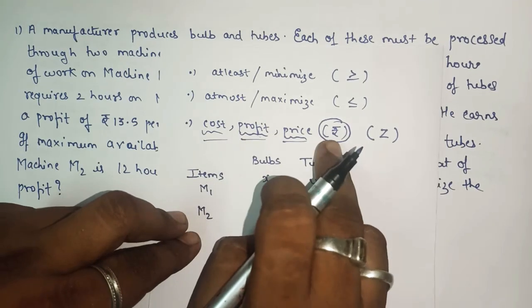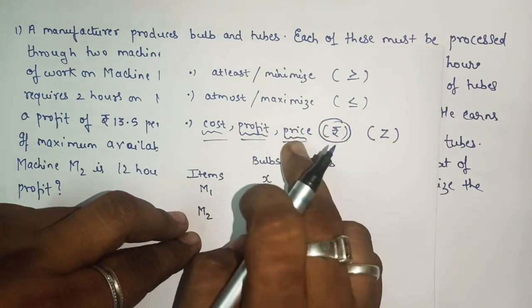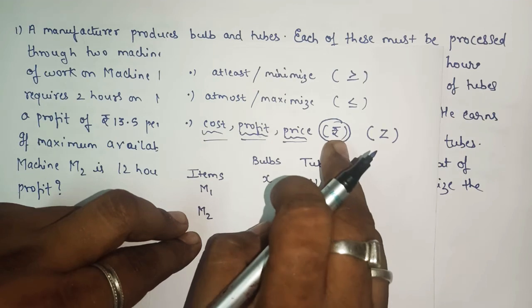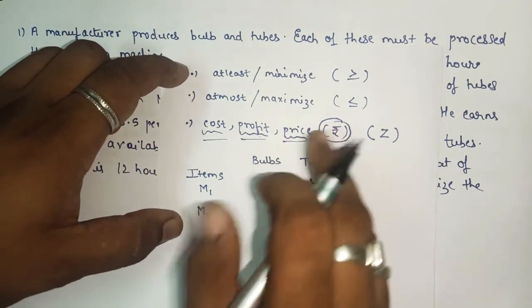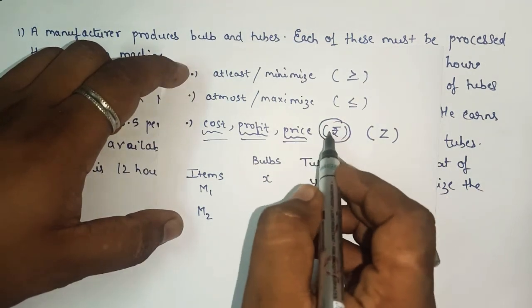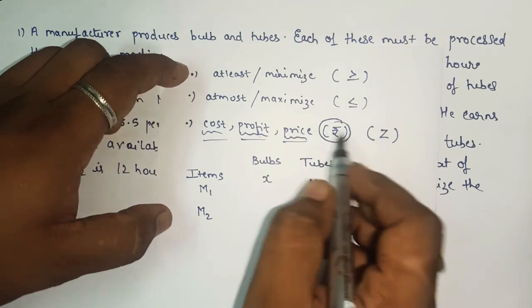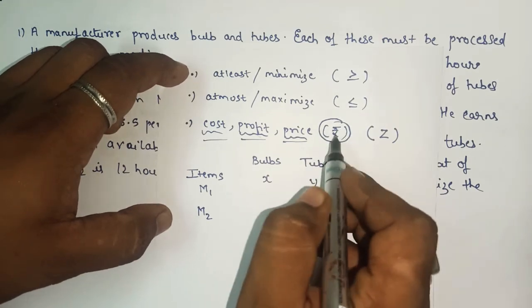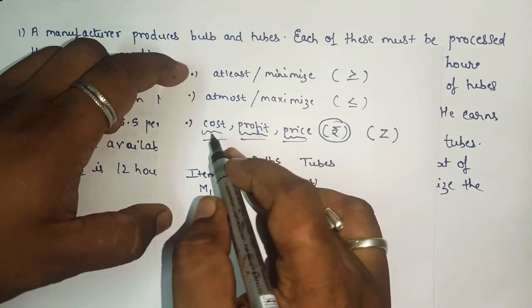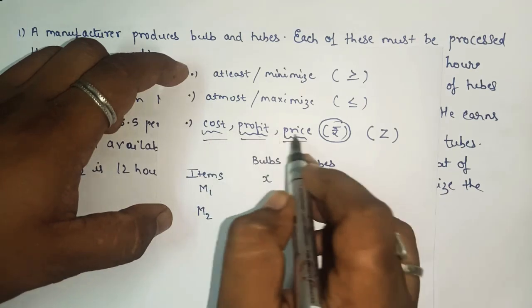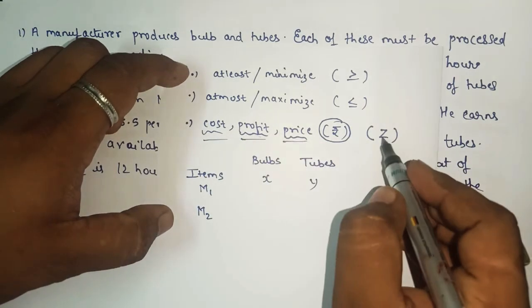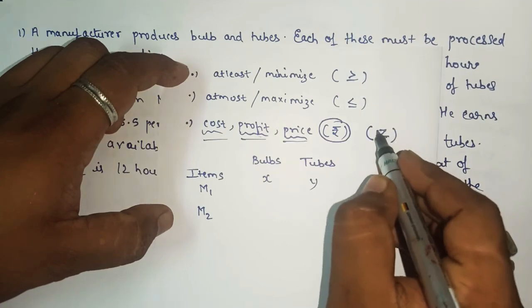Cost unit will be in rupees, profit unit will be in rupees, and price unit will be in rupees only. Yes or no? Sometimes the unit rupees will not be mentioned in the question, and it will be replaced by the words price, profit and cost. In simple language, all these three mean Z.